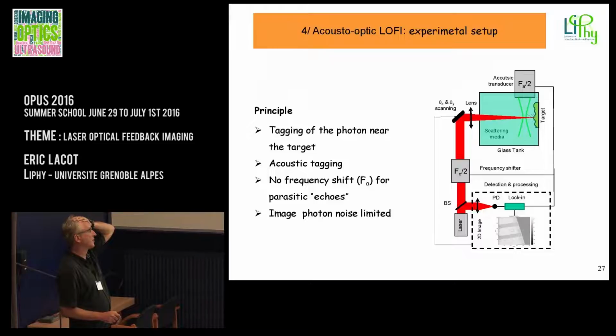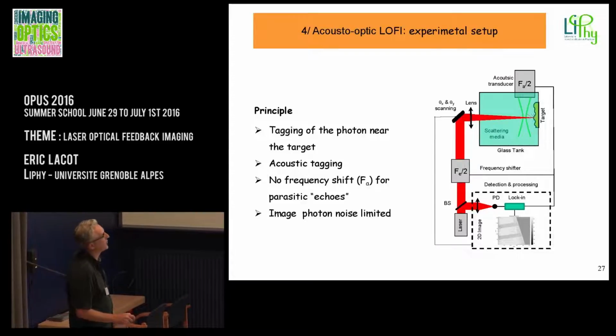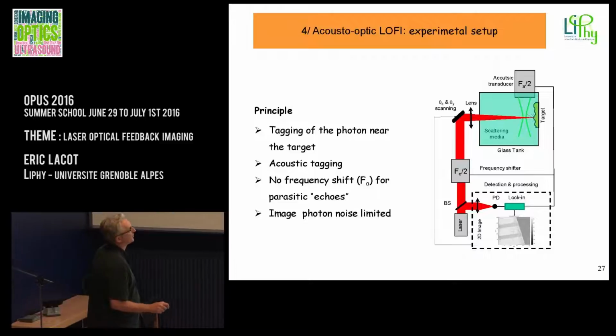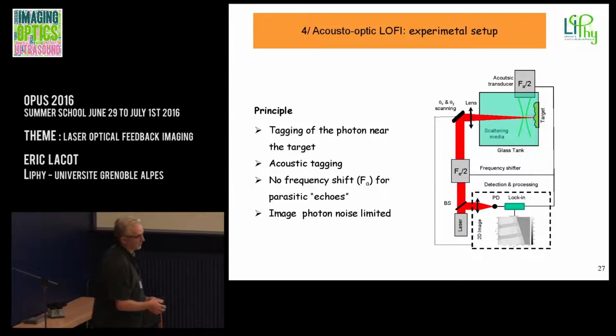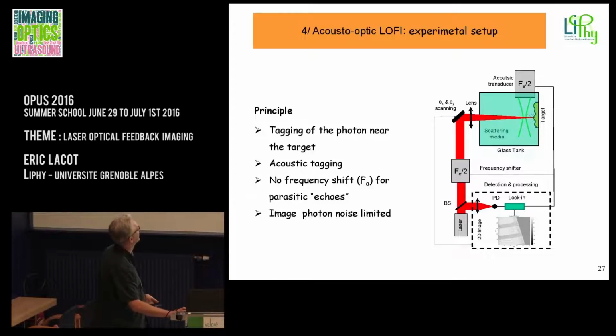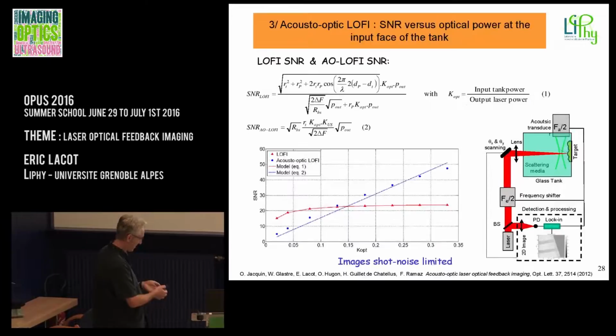The light coming back from the target can see the acoustic frequency, while the parasitic echoes coming back, for example, from the lens, the mirror, or the input face of the glass tank are unable to see the acoustic frequency. So this is the principle of acoustic photon tagging, in fact.